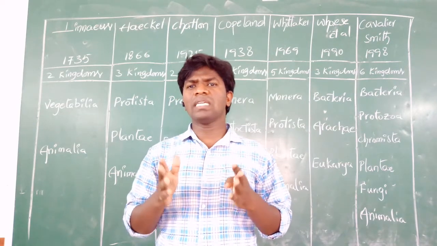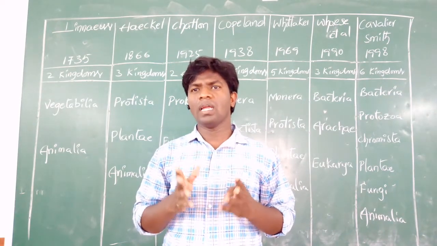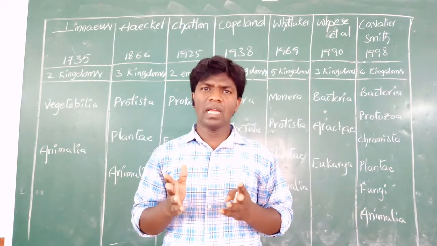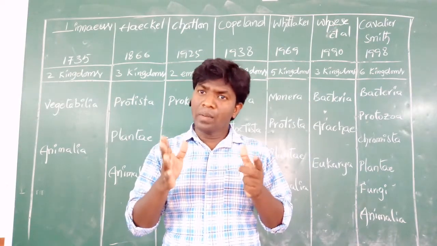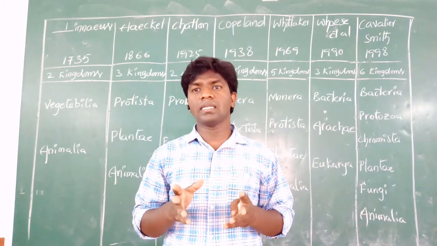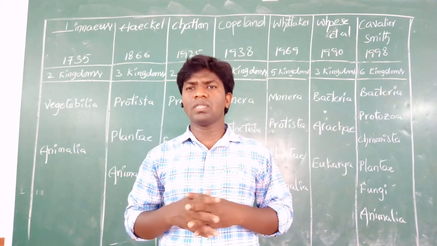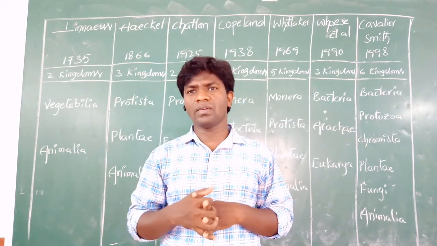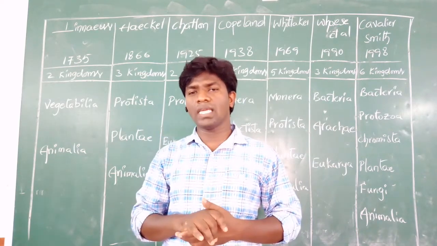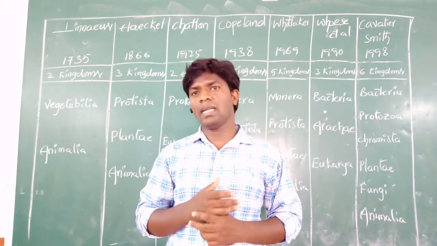So all the ranks like species, genus, family, order, class, phylum, etc. were defined by Linnaeus on the basis of similarities and differences. Based on these structures, Linnaeus classified. Linnaeus gave 2 names for the plants and animals.